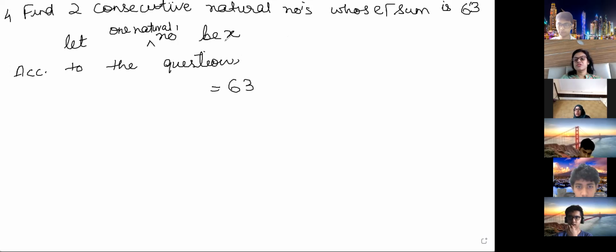One number is x. What will be the other consecutive number? What is the consecutive number of 3? Next consecutive number of 3. Just now I explained what consecutive is. Yes, 4. So if one number is x, what is the next number?